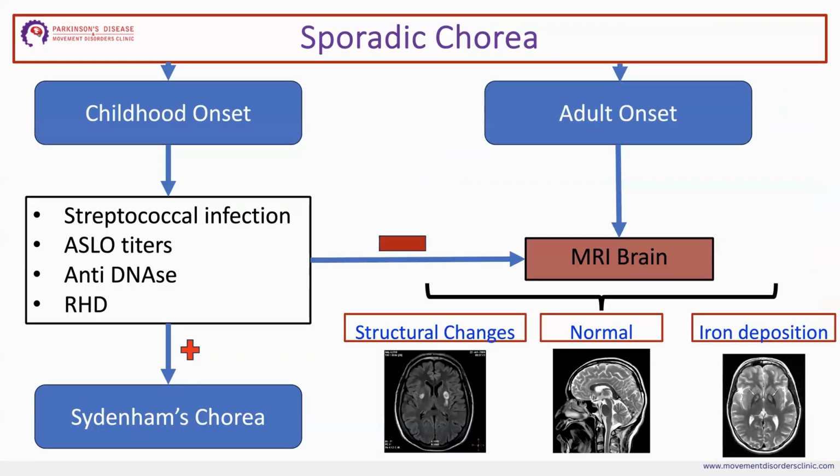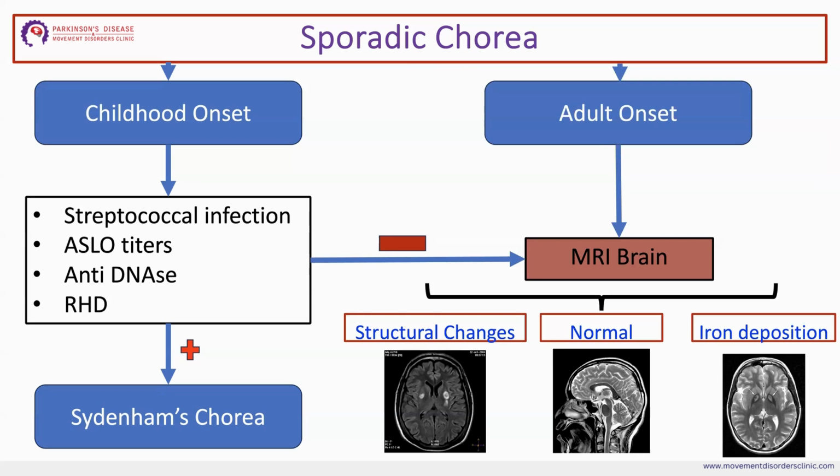It might also happen that you have a childhood chorea, but when you worked up, the ASLO titers and cardiac echo show no feature suggestive of rheumatic heart disease. So what to do next? If it comes out negative, then the next step for a sporadic chorea would be to look into an imaging profile. Or an adult onset sporadic chorea can come.